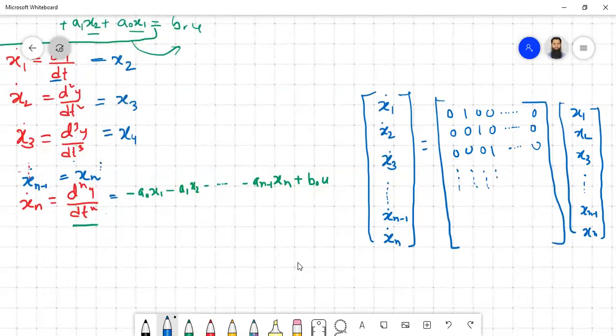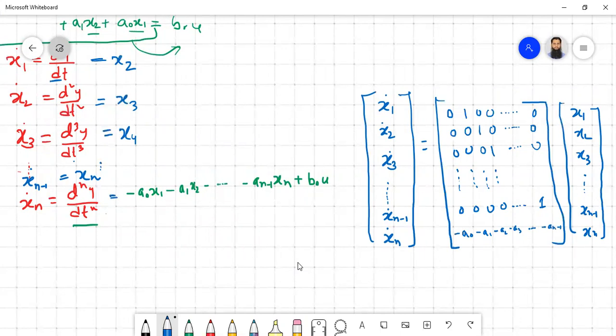As you can see, a diagonal of 1s will appear, and all the others will be 0. Eventually the last one, because x(n-1) dot will be equal to xn, so the last one has to be 1. And now here you will have minus a0, minus a1, minus a2, minus a3, up to minus a(n-1).